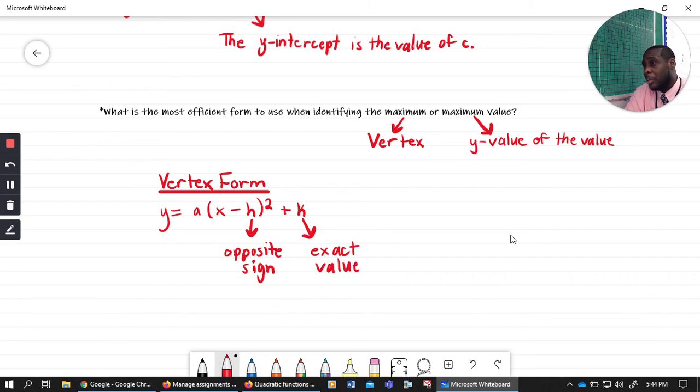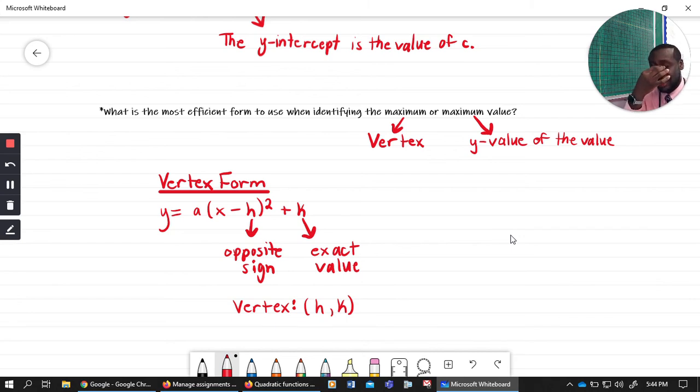And so remember again, folks, that the vertex, or the maximum or the minimum, whatever you want to call it, vertex, maximum, minimum, is going to be written in the form of (h, k) as an ordered pair.